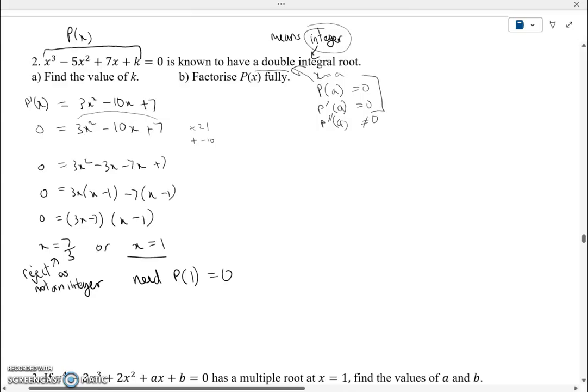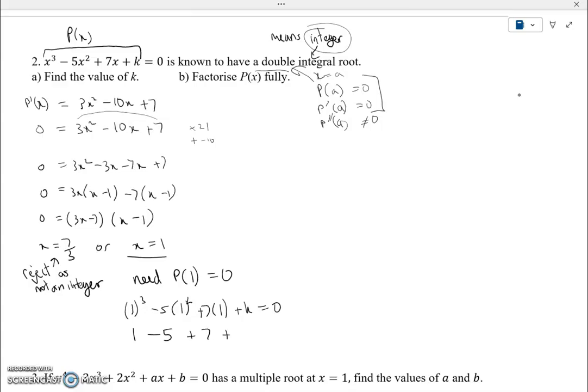Okay, so let's sub in p of 1, and this will be how we're going to work out k. So 1 cubed minus 5 times 1 squared plus 7 times 1 plus k must equal 0. So that's 1 minus 5 plus 7 plus k equals 0. So that's going to be 8 minus 5, 3, plus k is equal to 0. k is equal to negative 3.